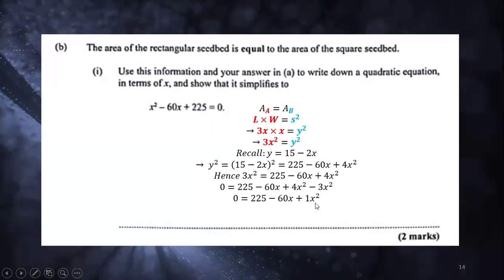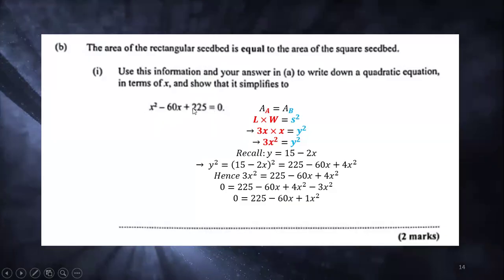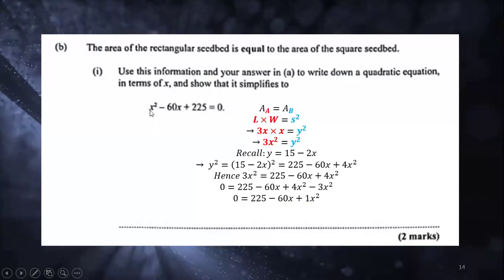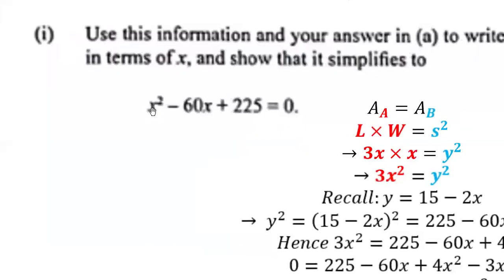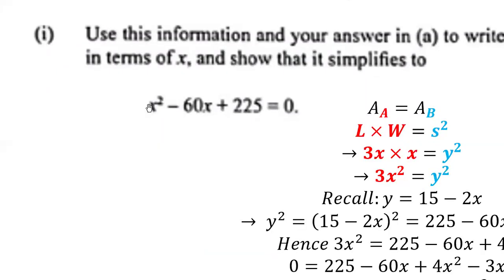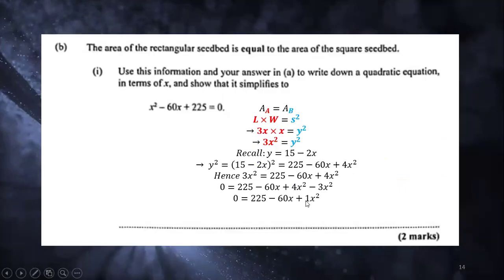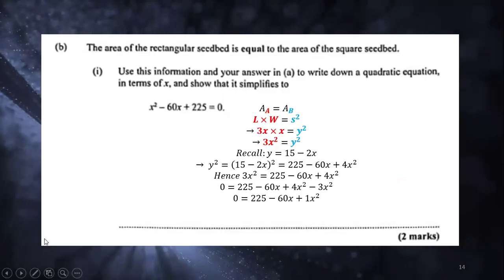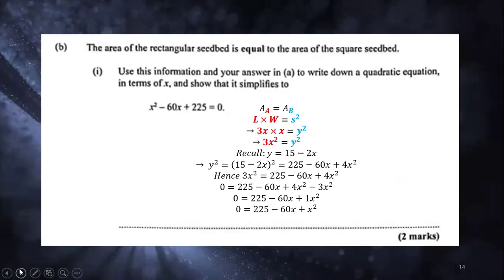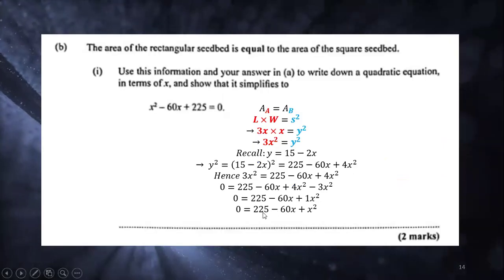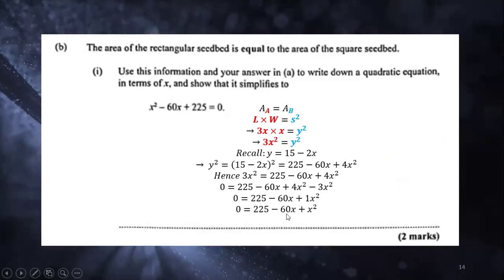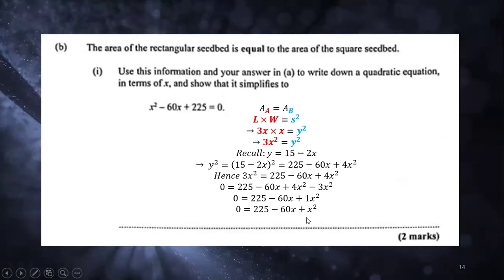Even though I don't see an actual number in front, that number is always understood to be 1. So I can just lose that 1, and I have 0 is equal to 225 take away 60x plus x squared.